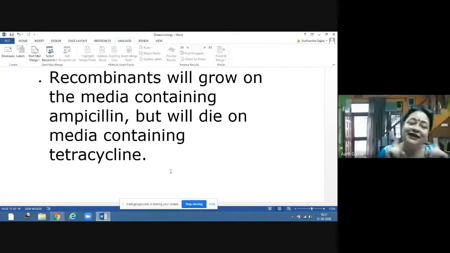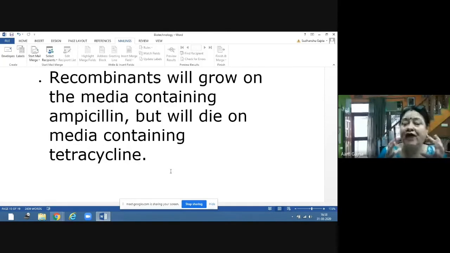So this recombinant DNA will not show resistance for tetracycline, because now it does not have the gene for tetracycline, but it will show the resistance for ampicillin, because the ampicillin resistant gene is still there. So this is how we can separate recombinants from non-recombinants, because only recombinants will not show the resistance.